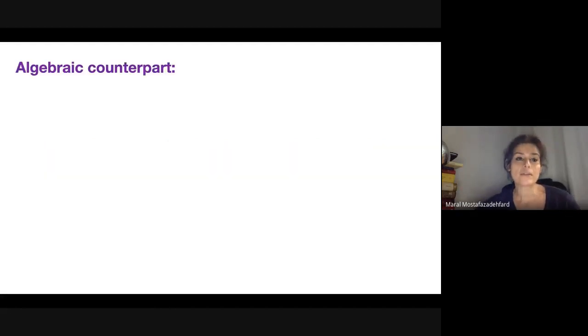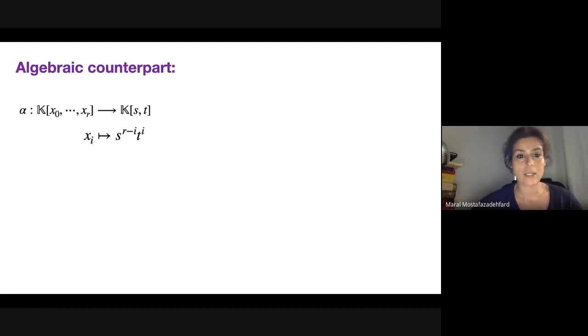So, let's talk about the algebraic counterpart of this curve. You can consider the homomorphism from the polynomial ring to the domain K[s,t], sending x_i to s^(r-i)t^i.